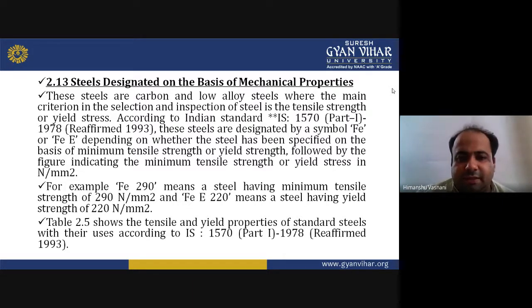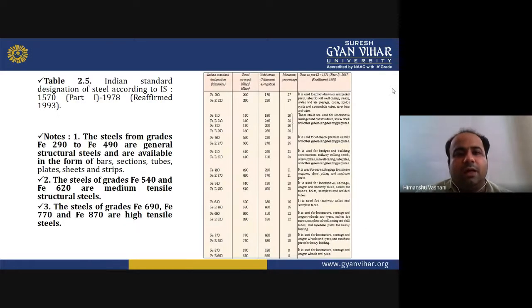Where there is Fe and then the figure, it is the minimum tensile strength. And if it is FeE 220, that means the steel has a yield strength of 220. Here the designations are told to you. Then there is a table which shows the tensile and yield properties of standard steels that are used in industry.